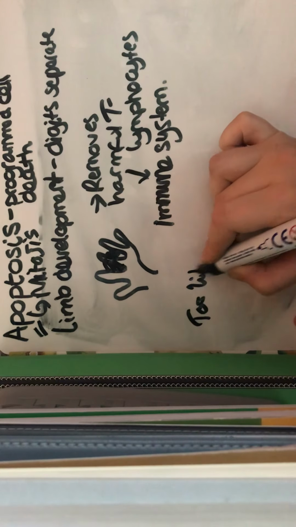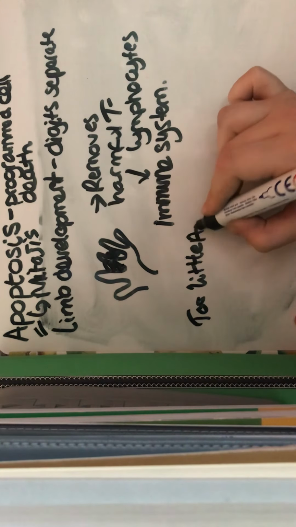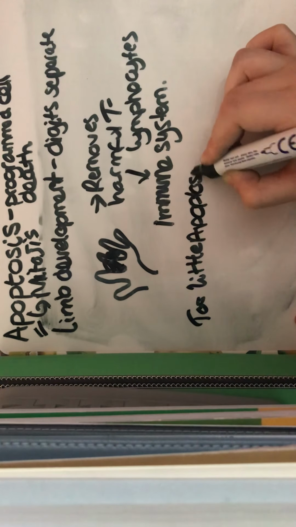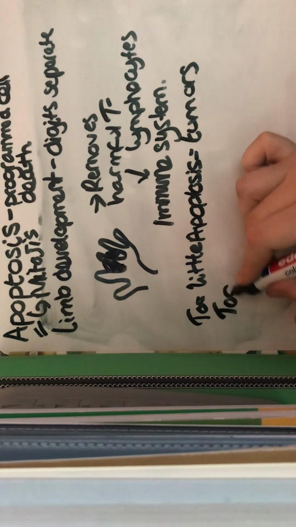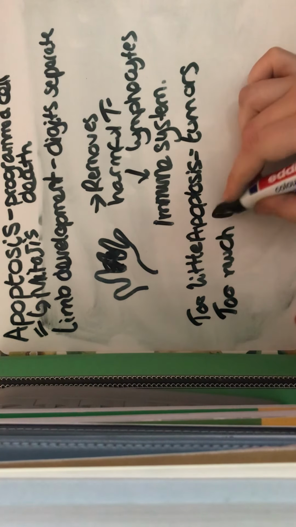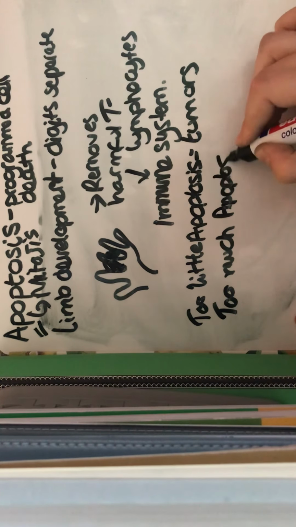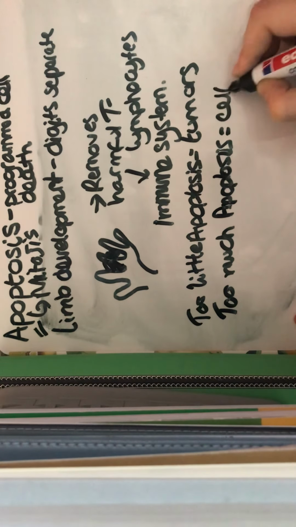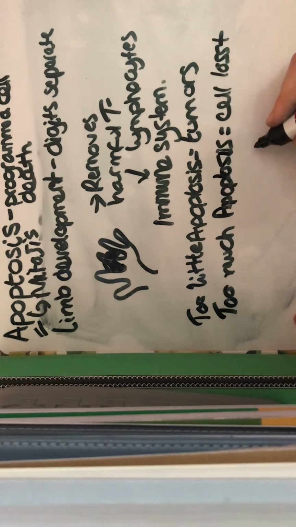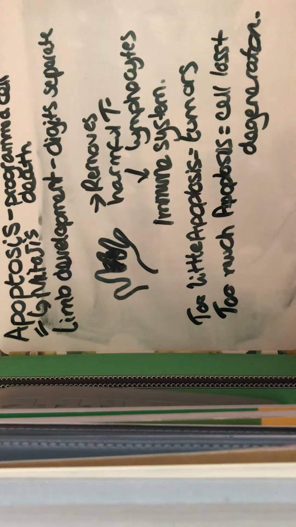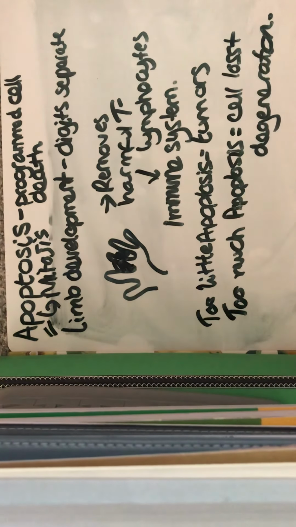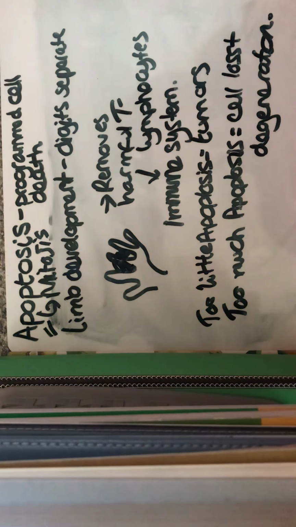If we had too little apoptosis, then we could have tumours developing. And if we had too much apoptosis, then we would have cell loss and degeneration. So apoptosis is just about getting the balance between that and mitosis right.